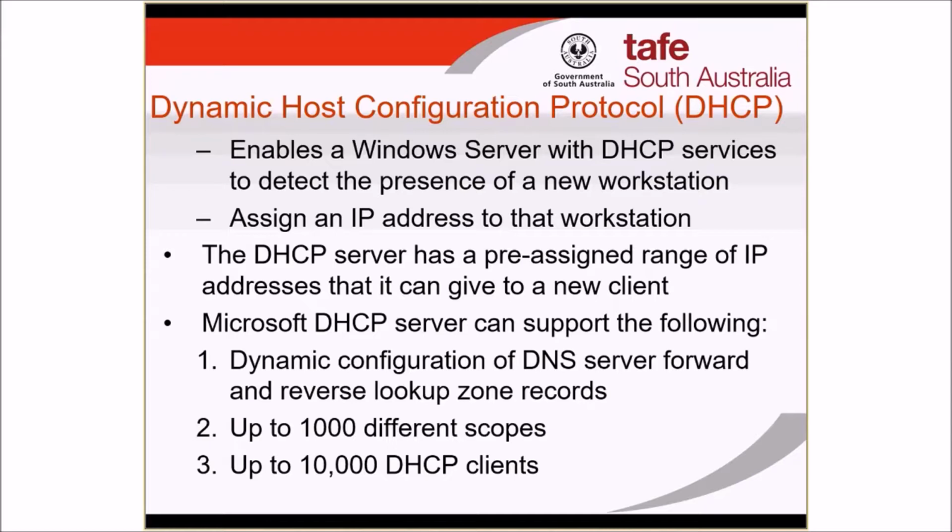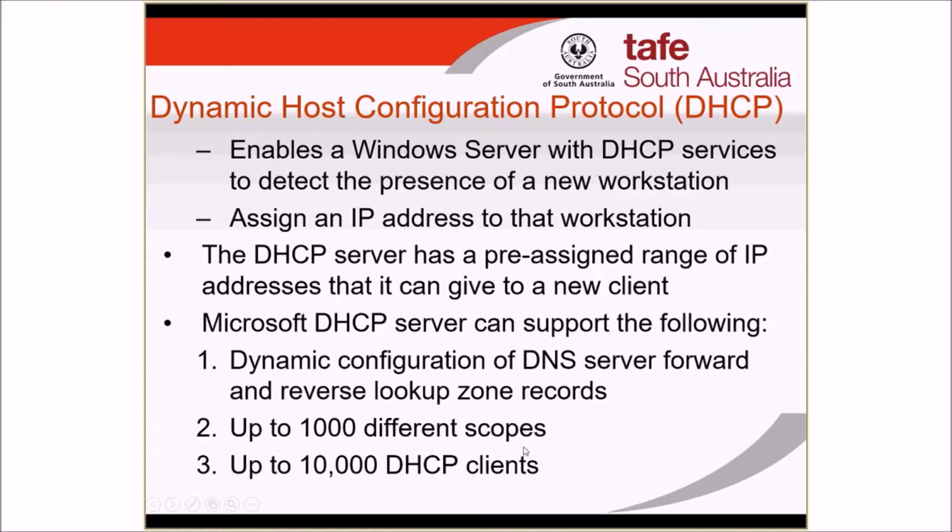Okay, so DHCP in general has a pre-assigned range of IP addresses that it can give to new computers which go online and ask for an IP address. Microsoft DHCP server can support dynamic configuration of DNS server forward and reverse lookup records. So that's what we were talking about before, where we can update those records. Microsoft DHCP server can have up to 1,000 different scopes.